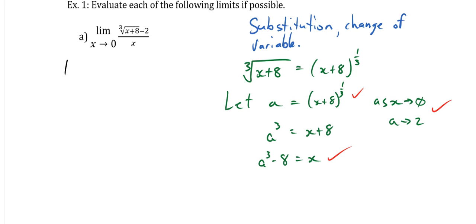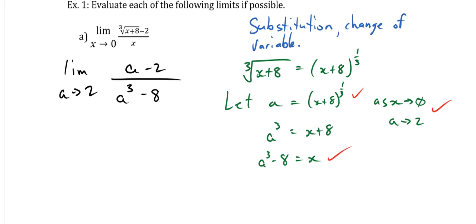And so now I'm going to get the limit as a approaches 2, and I'm going to replace the cube root of x plus 8. What am I going to replace that with? A. And what am I going to replace x with? The new expression that we've got for x, which is a cubed minus 8.